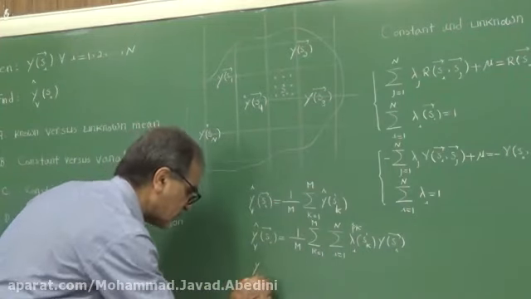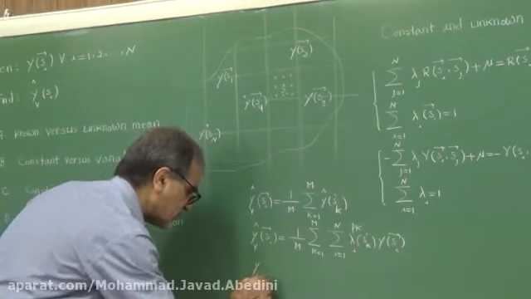Now, look at this one. What would be the expected value of y at S prime k? M. Because these points are not very different from model points, and for the expected value of any point under consideration, it really doesn't matter whether it is an observation or a true value.